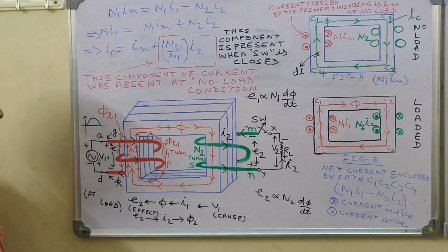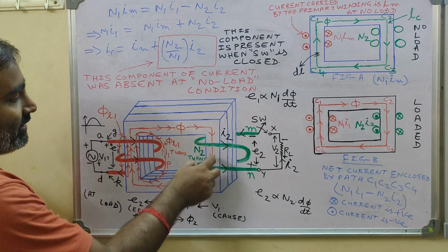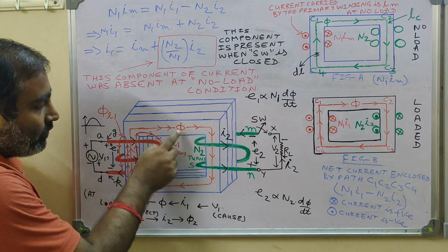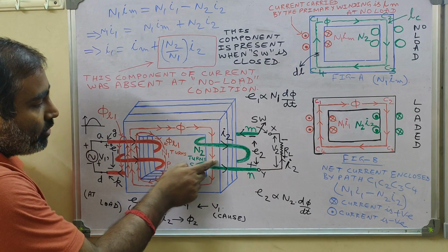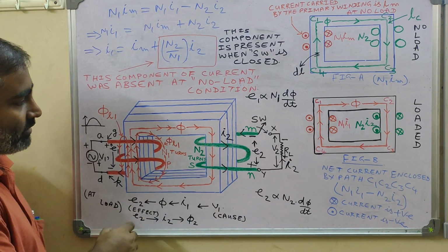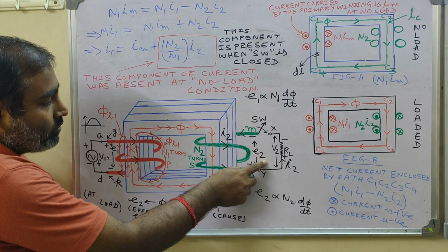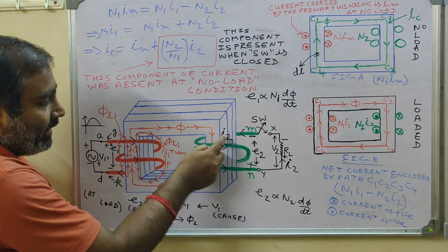According to Lenz's law, the MMF developed in the secondary winding will try to reduce the mutual flux phi in the transformer core, because this phi is leading to induced EMF E2, and induced EMF E2 is leading to current I2.